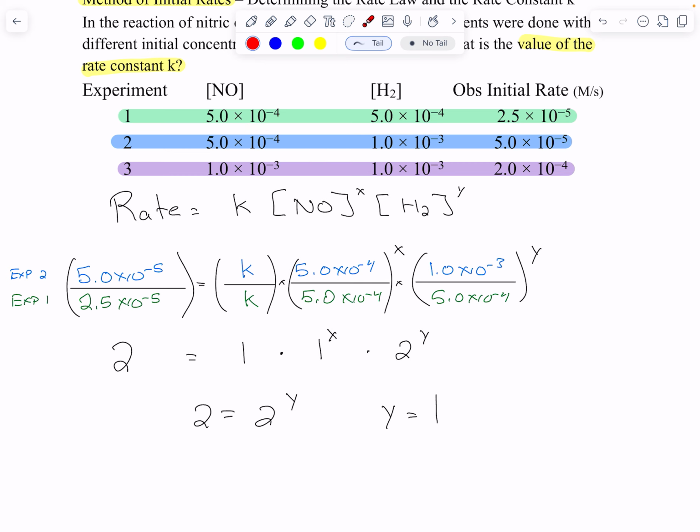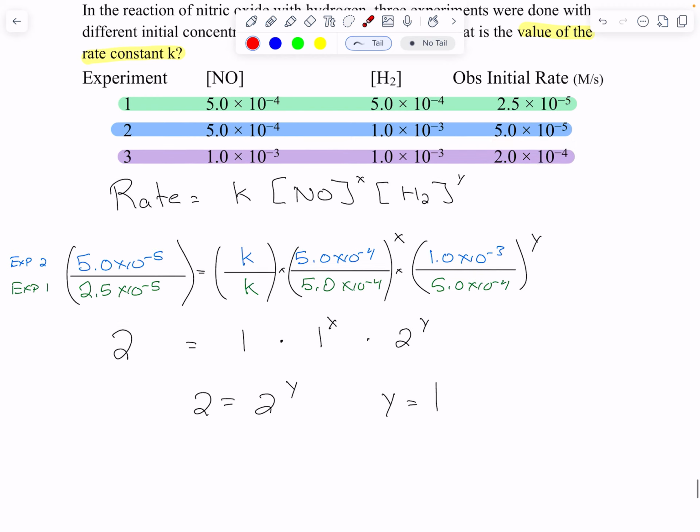Now, the reason I did experiment 1 on the bottom and 2 on top is because this number is bigger than that number, if that makes sense. Experiment 2 has bigger values than experiment 1. You didn't have to do it that way. And now that we know how to do this in our calculator, we don't have to. But if I look at 2 and 3, 3 is a bigger number than 2. So I'm going to use experiment 3 on top.